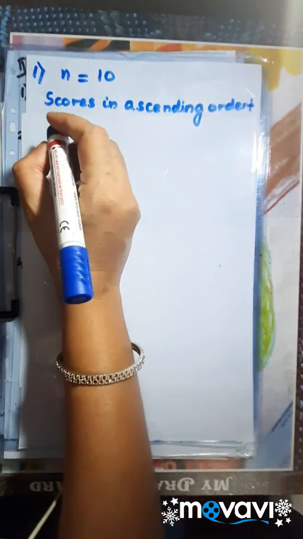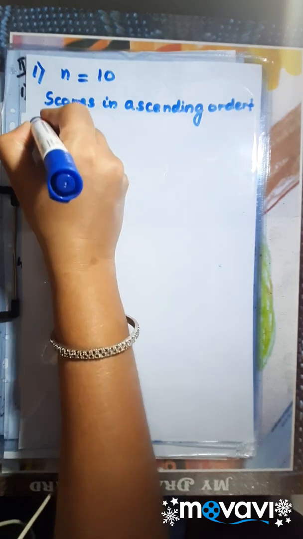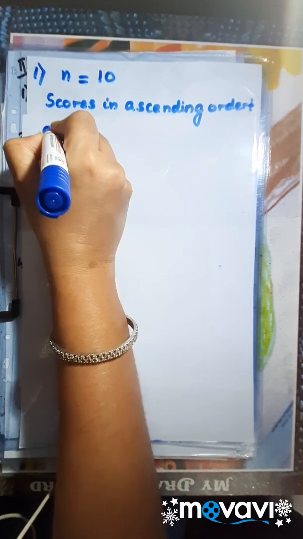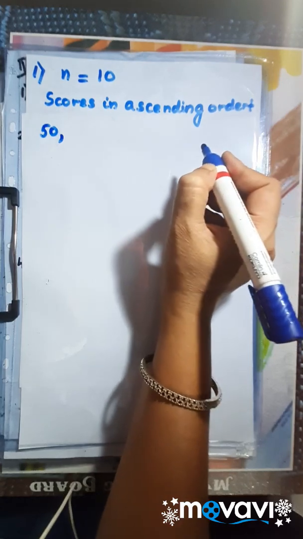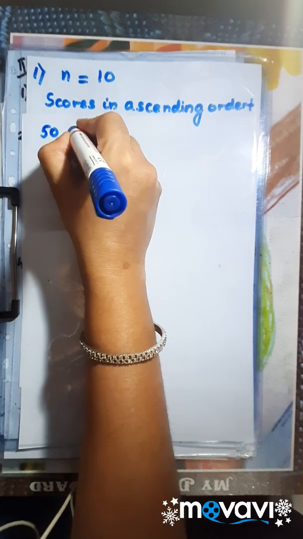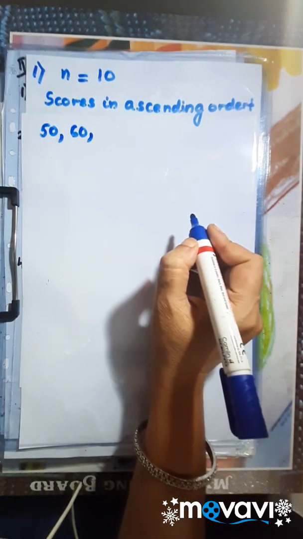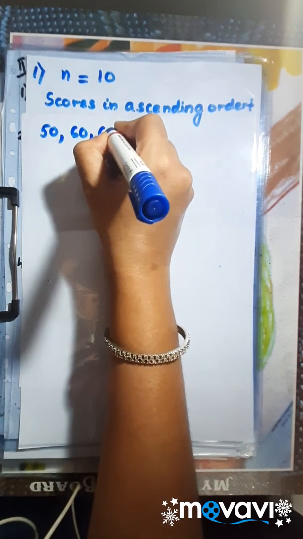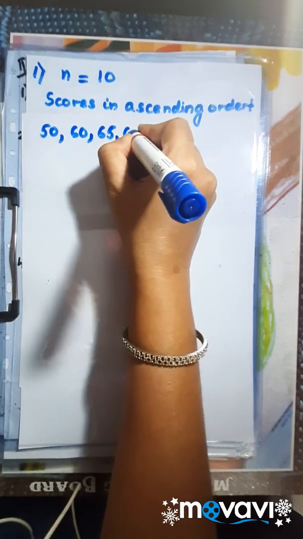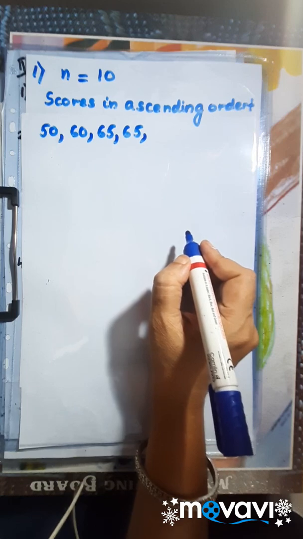Okay, now ascending order means first we will write 50. Second, we will write 60. Third, we will write 65, which is there two times, so we'll write 65 and 65. Then we will write 70.